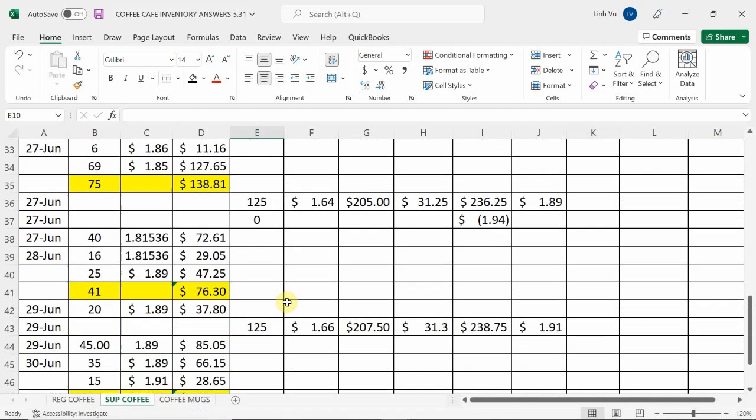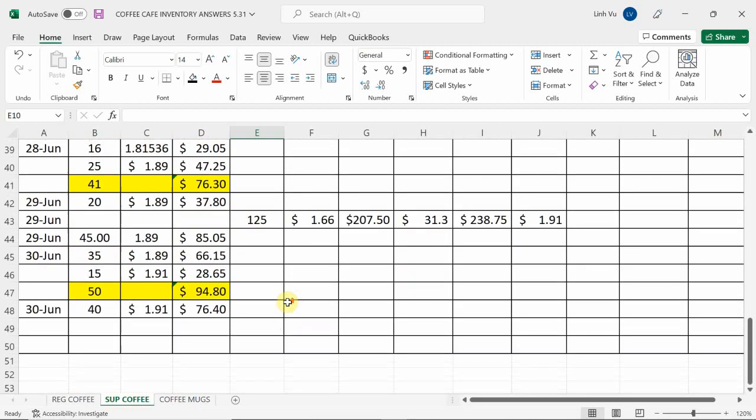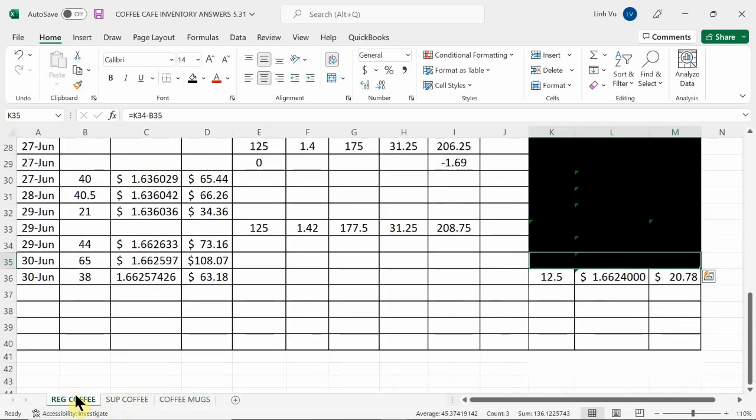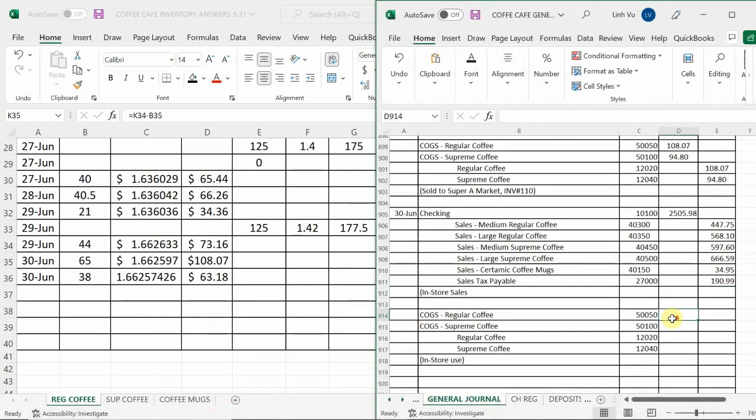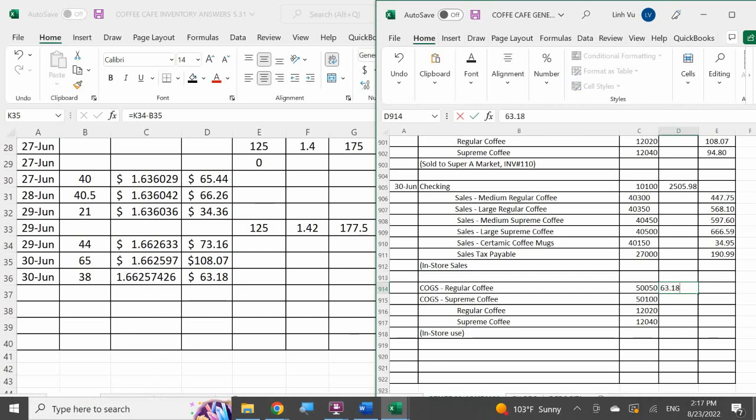So here we used $76.40, and regular we used 63.18. $63.18 and the other one was $76.40. Okay. And we can update the journal ledger. Yes.